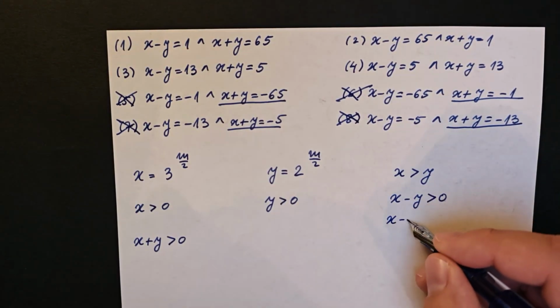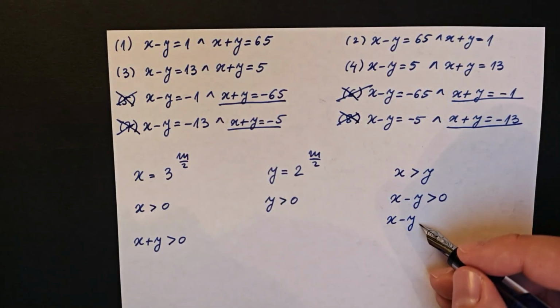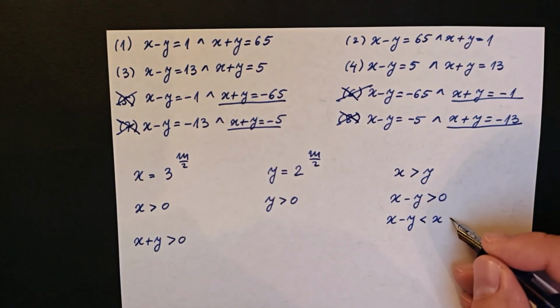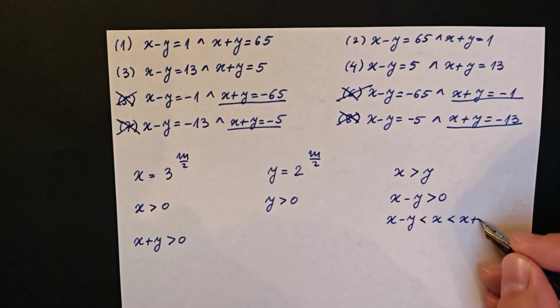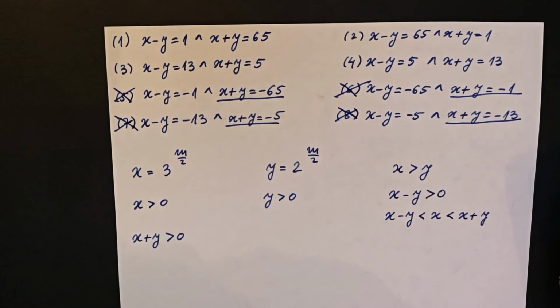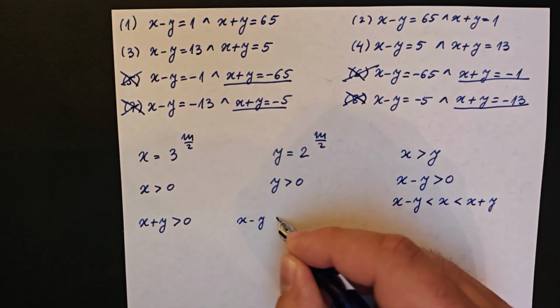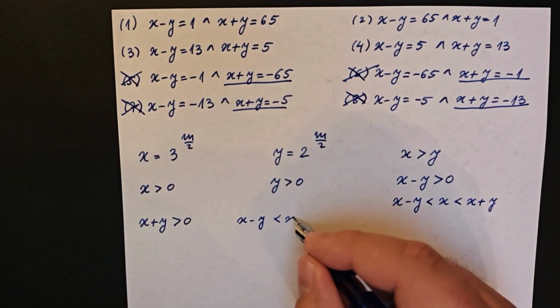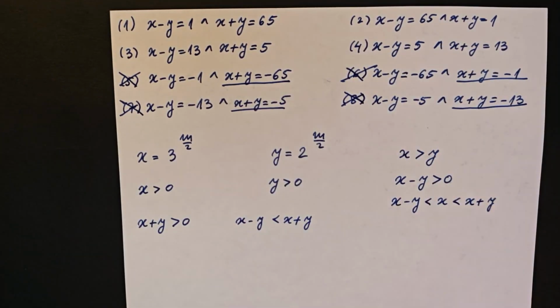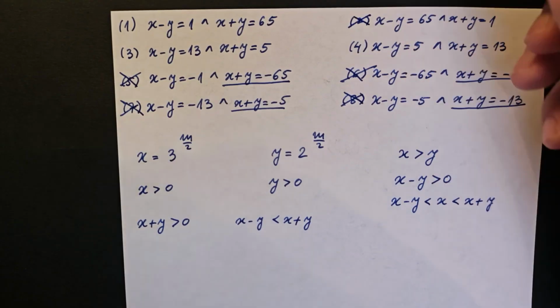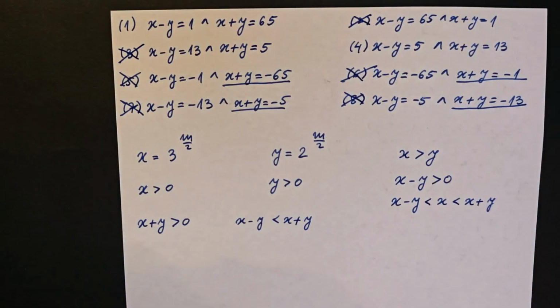Also, x minus y, since both of these numbers are larger than 0, has to be smaller than x, and that has to be smaller than x plus y. So all the cases where x minus y is not smaller than x plus y are the ones which are not going to provide us with any solutions. So the cases 2 and 3 are those types of cases, and we are going to throw them away.